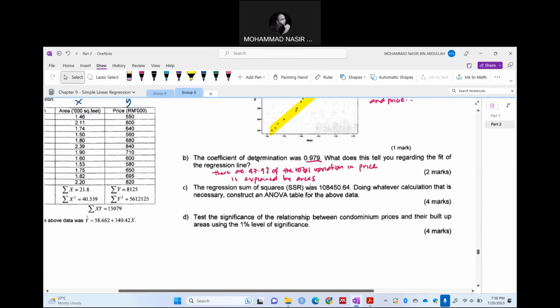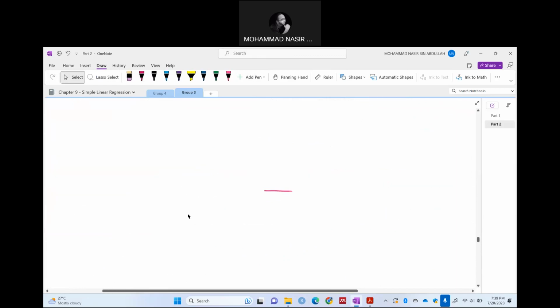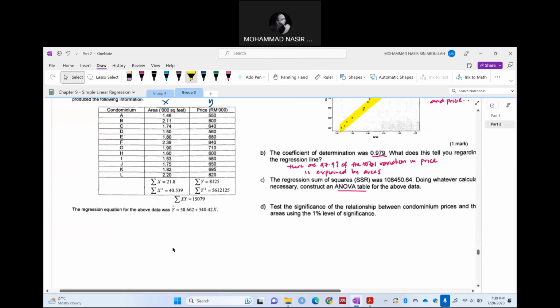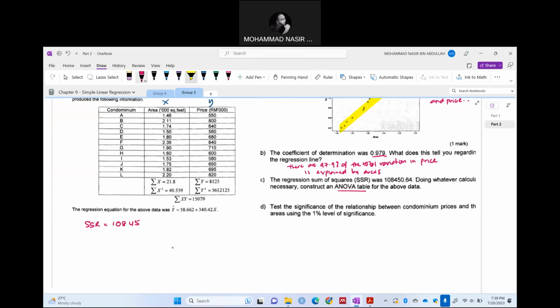So given that the sum of square regression is 108450.64, doing whatever calculation necessary, construct an ANOVA table for the above data. Right. So SSR is equal to 108450.64.